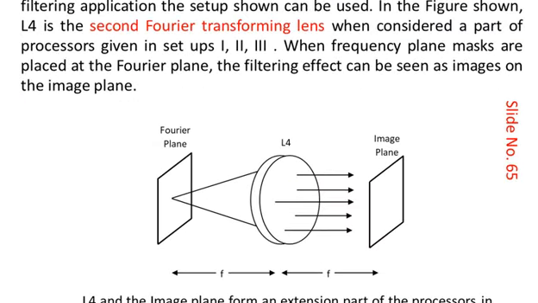We have placed the frequency filter in this plane, that is the Fourier transform plane, which was generated using the object O. Now this frequency plane was incident with the Fourier transform of the object O2. So the filtering will take place of the projected Fourier transform of the object 2 through the frequency plane, and then we can see the effect on the image plane.